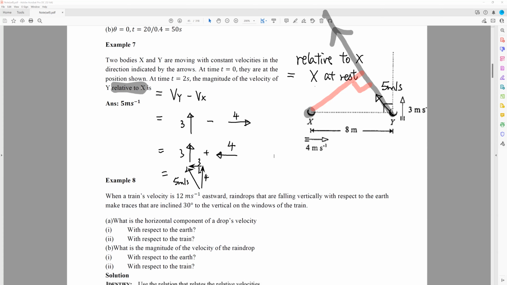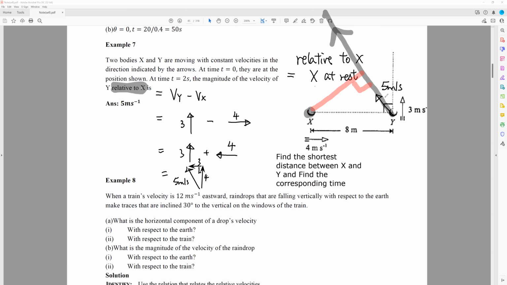We are going to find the shortest distance between x and y, and find the corresponding time. So how can we find it? You can see there is a right angle. And also you see that for this triangle, you have one side. So that means you need one angle.